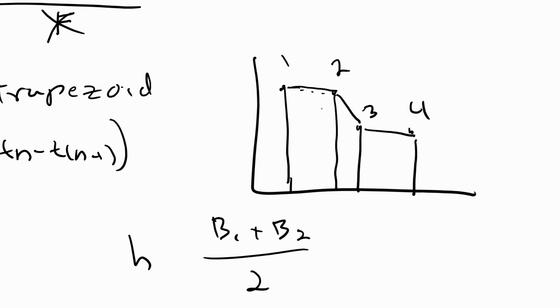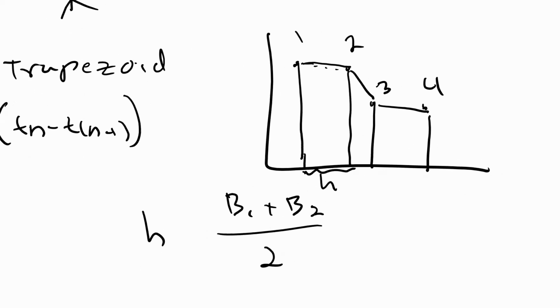This is the trapezoid rotated over 90 degrees. The bases are the y values right here, and the height is your x values. So this is your height right here. So you can imagine it's tilted over. That's what a trapezoid will look like. And this is the general gist of how they came to that equation.